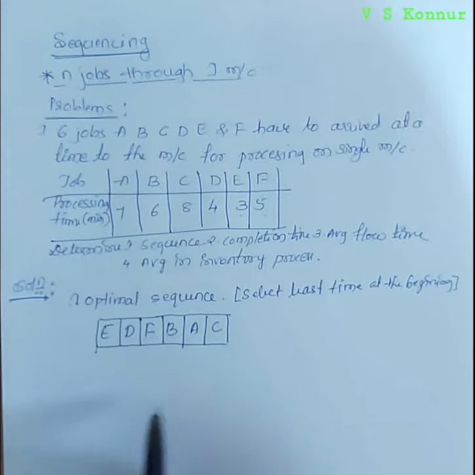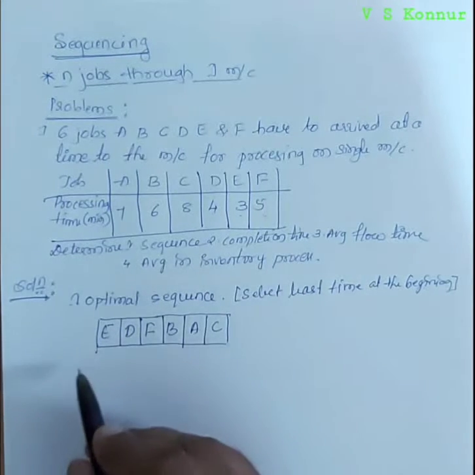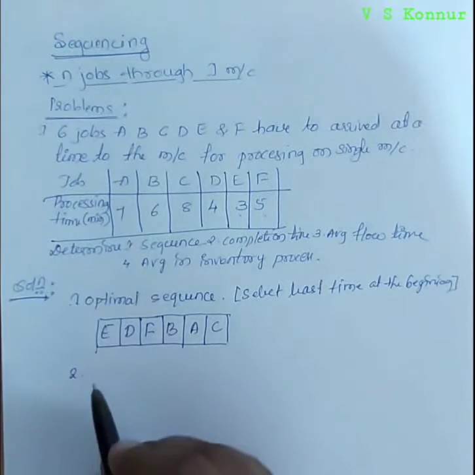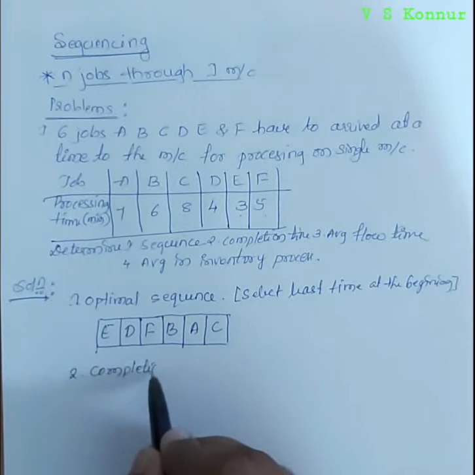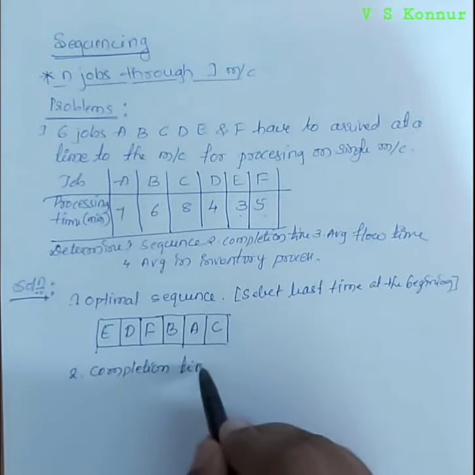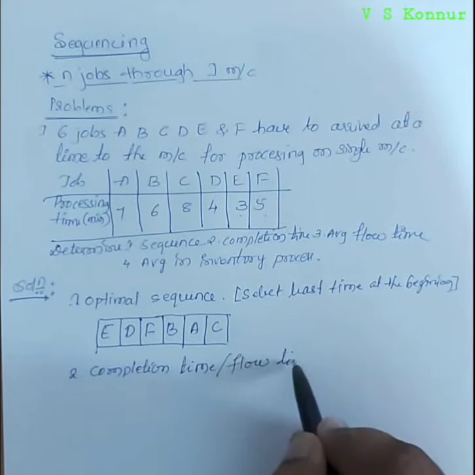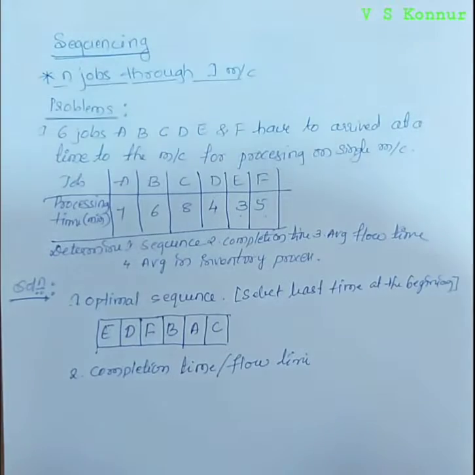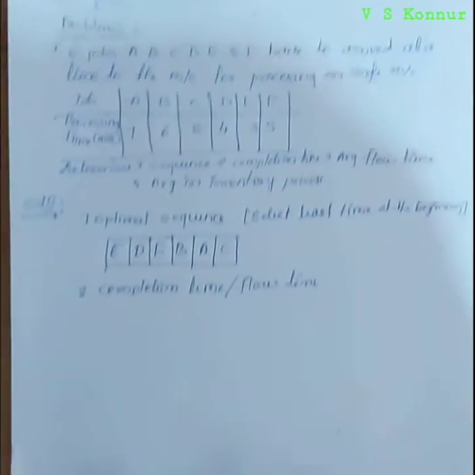Next you have to calculate the completion time or flow time. We are calling it completion time or flow time. This will be calculated by a table, so I will form the table here.